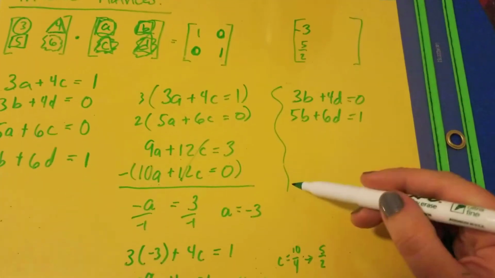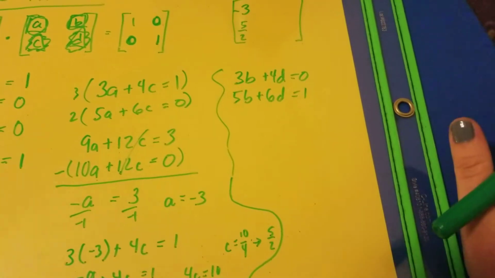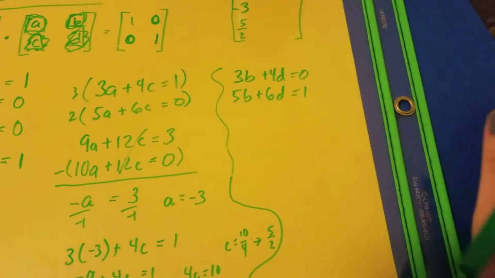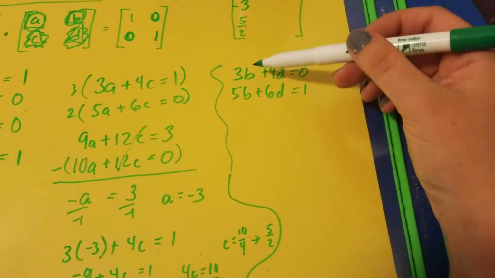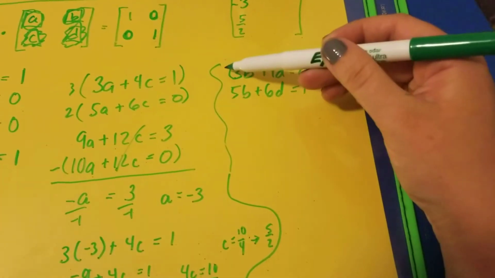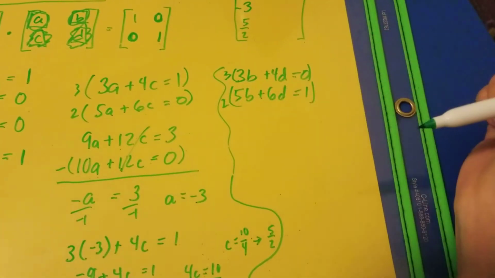Okay, now I'm going to solve the second system. Same idea. So I'm going to multiply this one by 3 and the second one by 2.